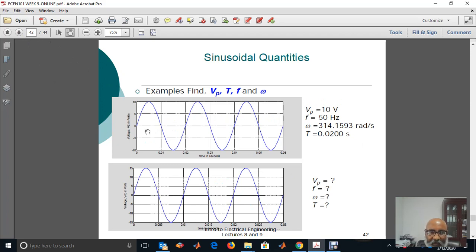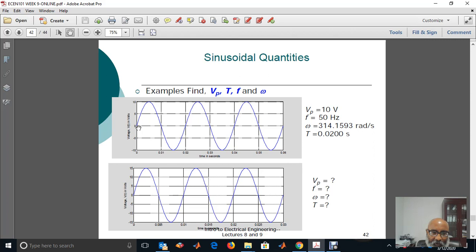Now, for example, from this diagram, we can identify the peak voltage, the period, the frequency in hertz, and the frequency in radians. Here, for example, how to find the period.